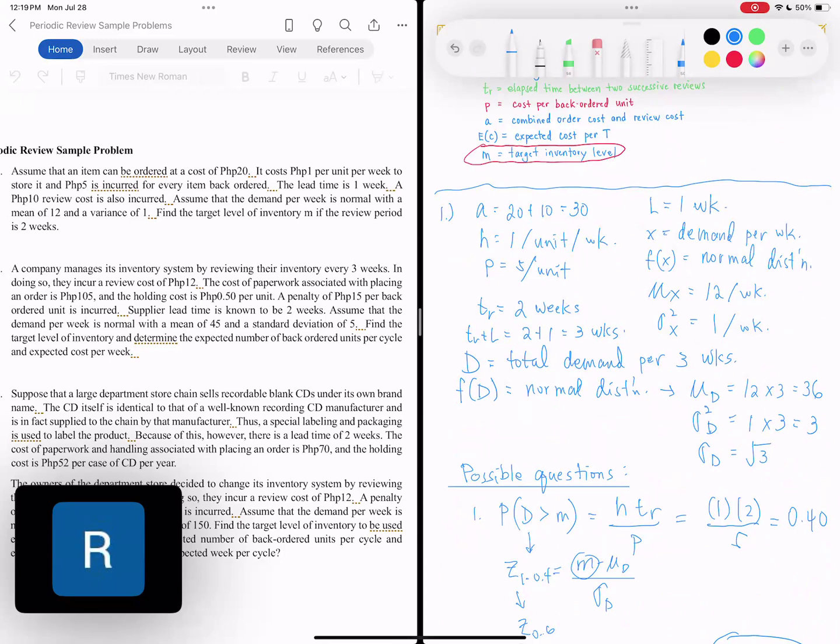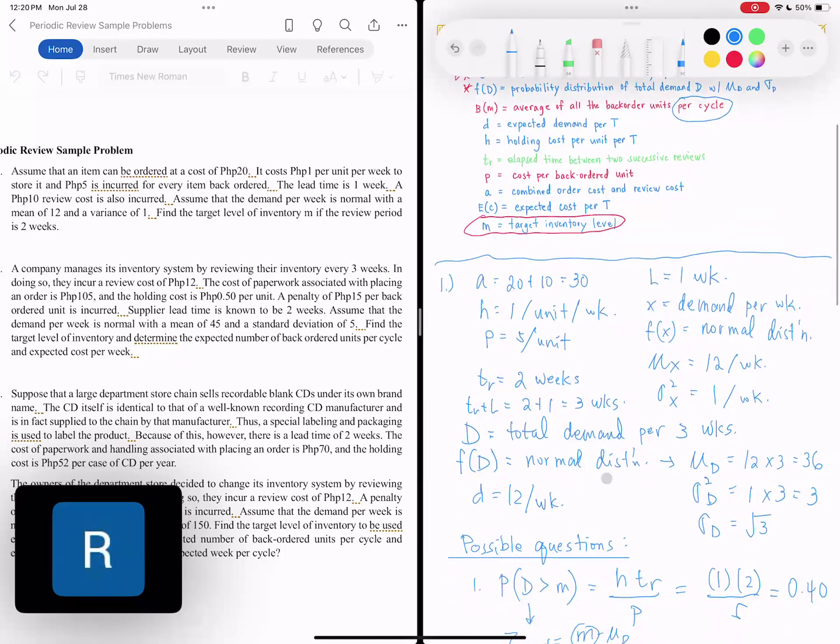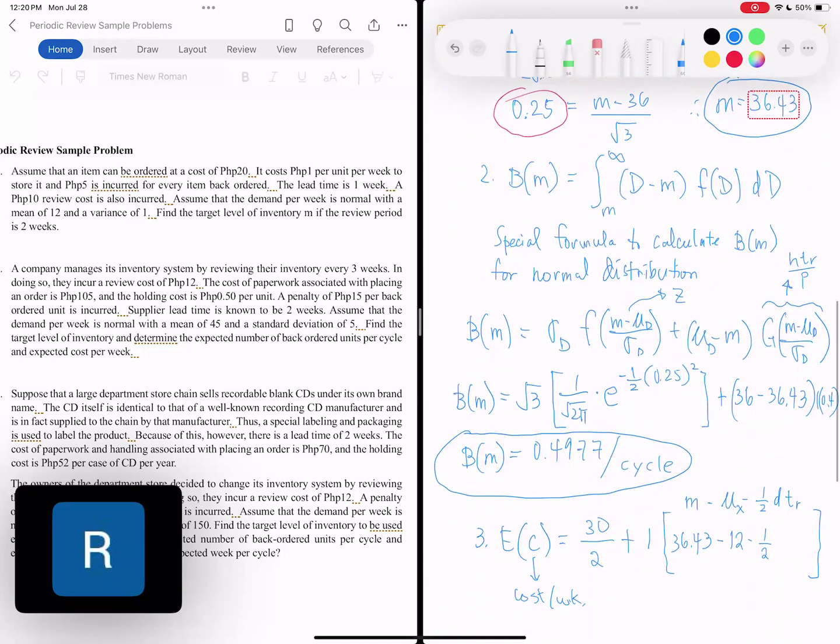So small d, again, based on definition, is the expected demand per T, which is per week. So per 1 week. Since the average demand for 1 week is 12, d will also be equal to 12 per week. It just so happens that lead time and your capital T are the same. That's why small d is also 12 per week. So is that clear, class?